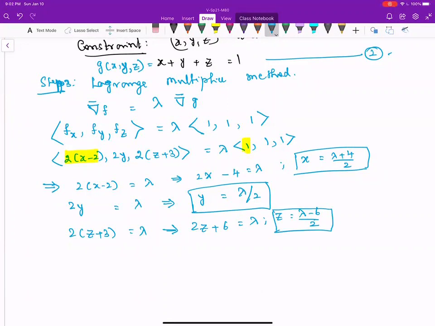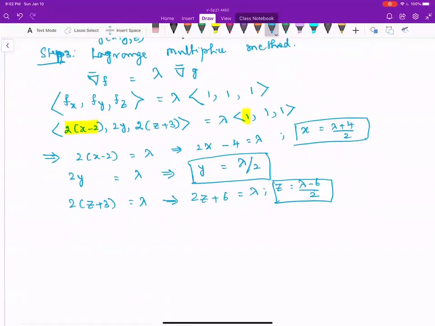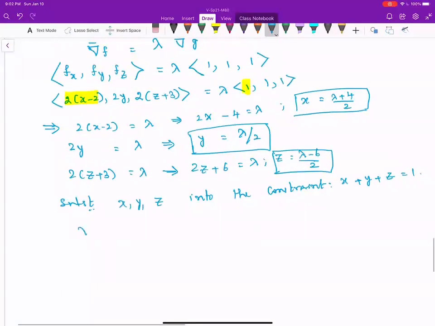So we have got x, y, z, then substituting this information into the constraint. So this is the first stage. Then substitute x, y, z into the constraint function, which is x plus y plus z equal to 1. So we have lambda plus 4 divided by 2 in the place of x.